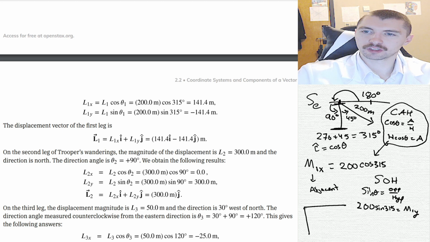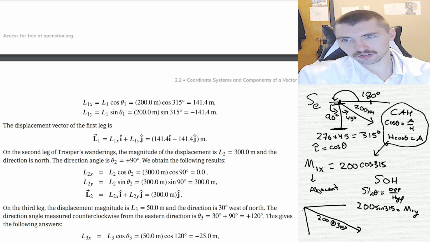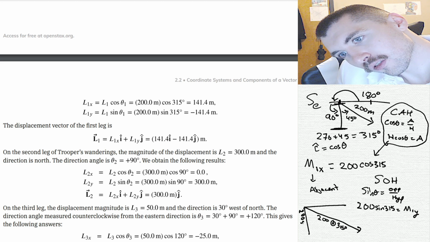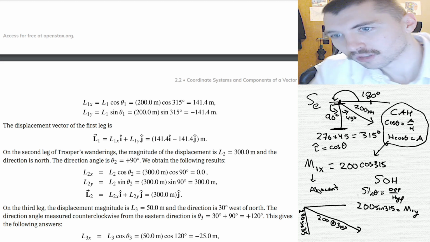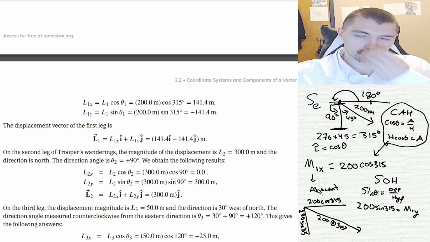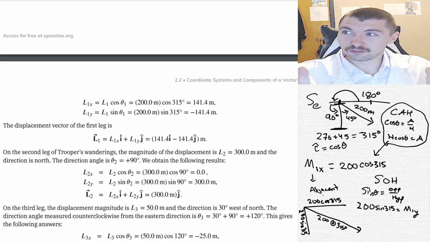So a vector going southwest is going to be 200 at 315 degrees with a y component of 200 sine 315 and an x component of 200 cosine 315, and these should be converted into radians.